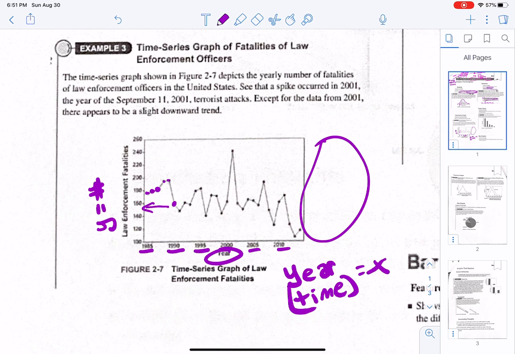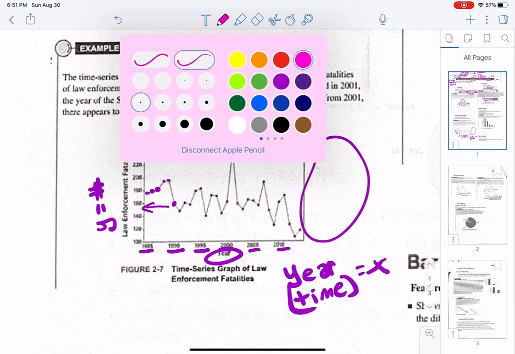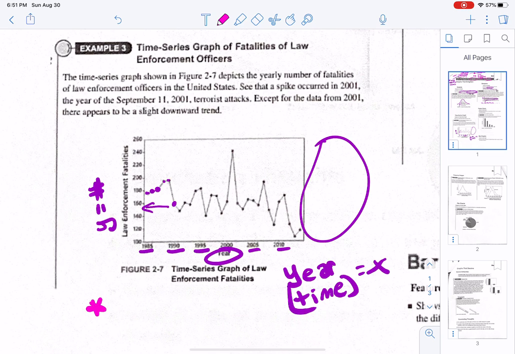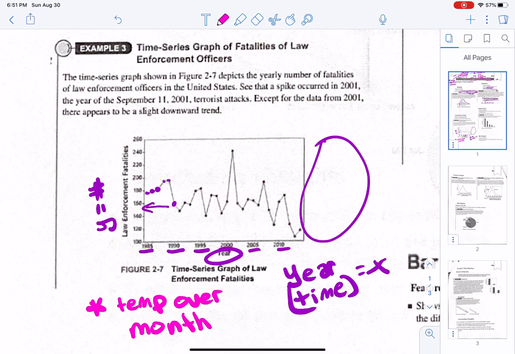Another time that this graph would be important is, let's say you're doing temperature over months. Maybe you're doing monthly temperatures, like January's average temperature outside versus February's outside temperature, all of those going through here, and you could kind of see how in the summer months the outdoor temperature on average is higher, and so that would be a good time series graph to do.